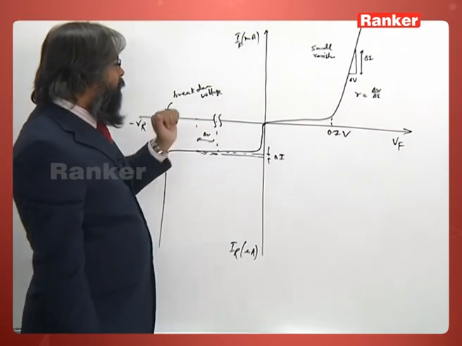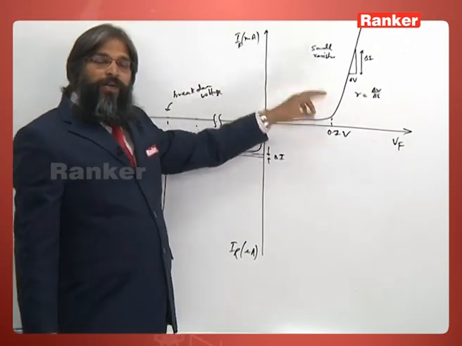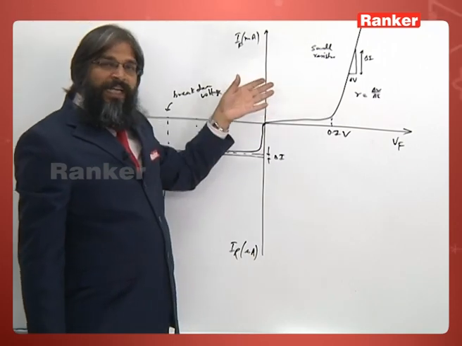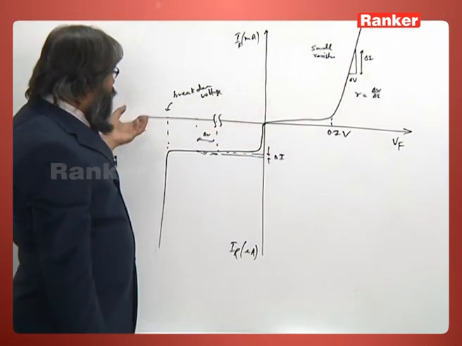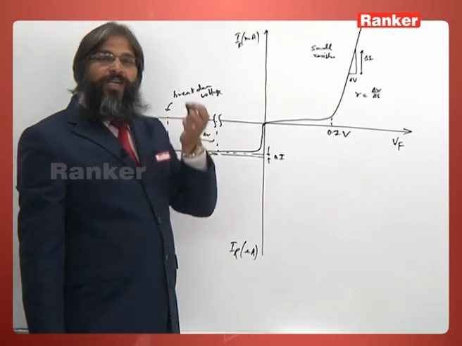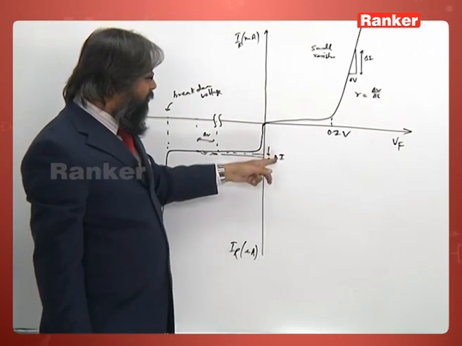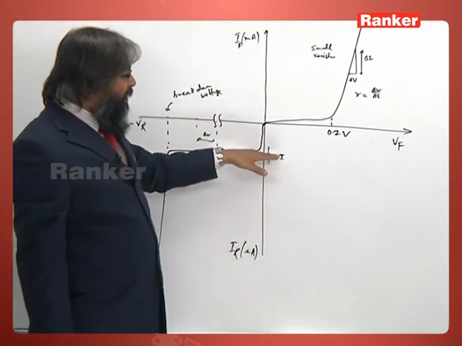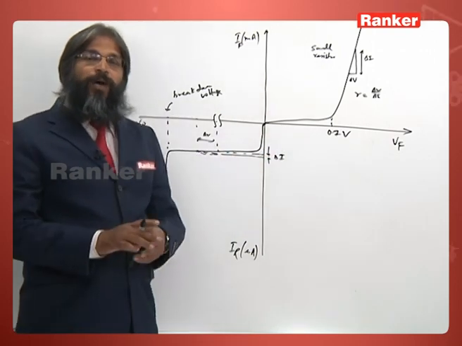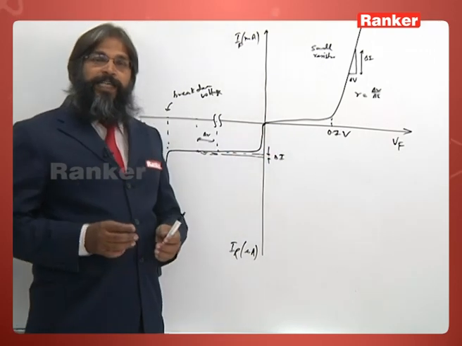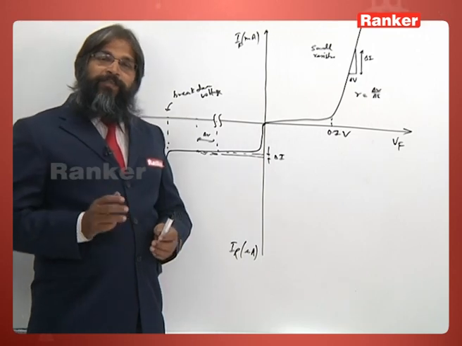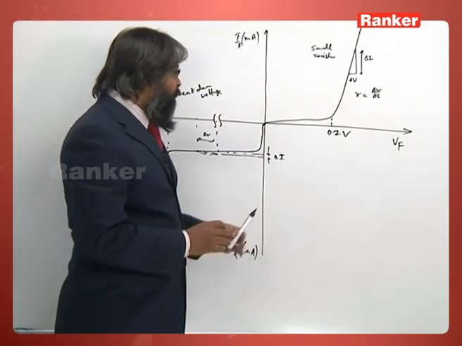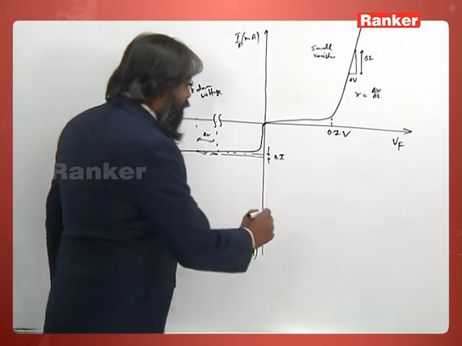That is why during forward biasing the crystal conducts very well, and during reverse biasing it does not conduct at all. The current is very small. Often this current is so small that it cannot be detected by our instruments, and we say the current is 0.